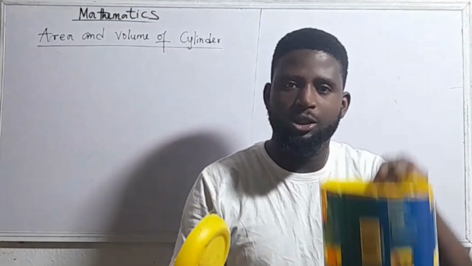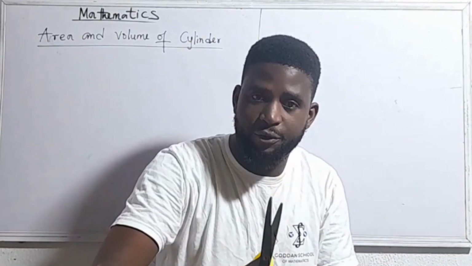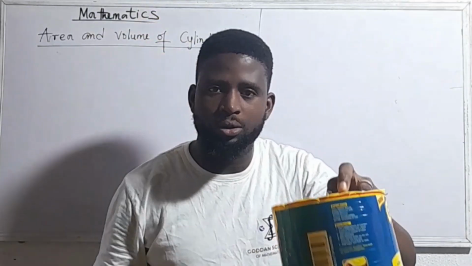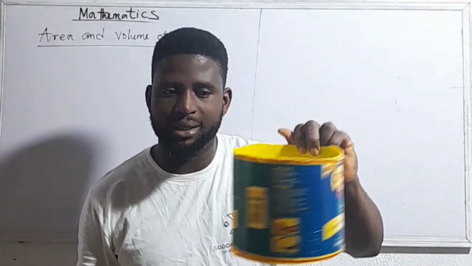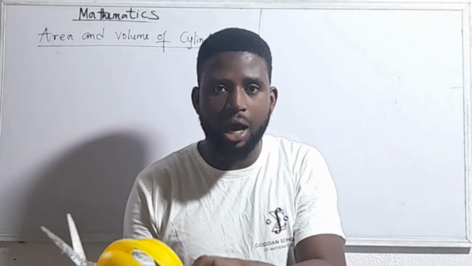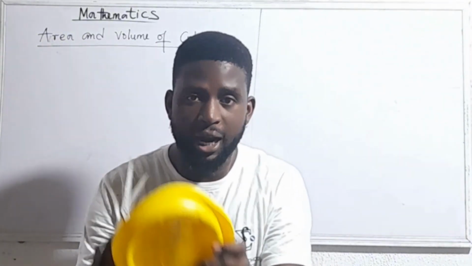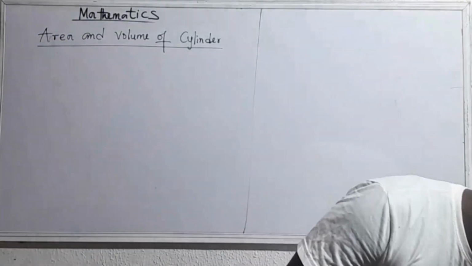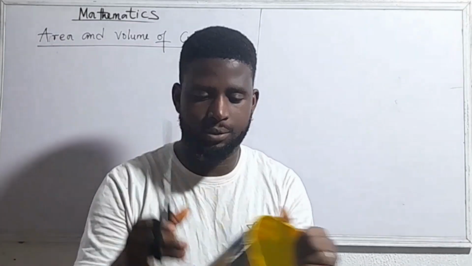Now, the surface left when we remove the circular faces is called the net of a cylinder. So the net of a cylinder is this part that is left when we remove the circular parts of a cylinder. Now let's leave our circular surfaces somewhere, and now, this is a curved surface.